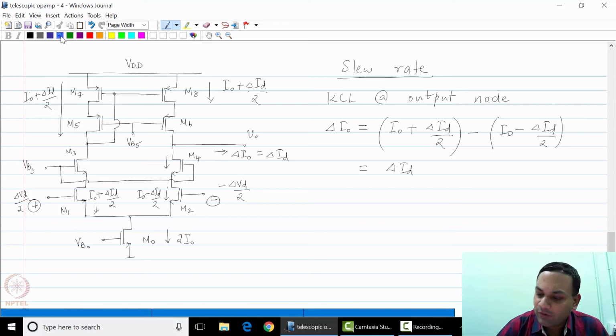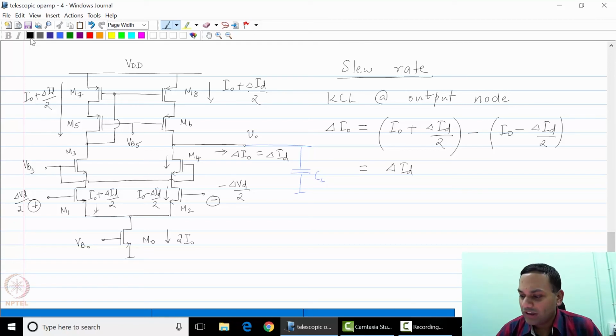Now where does this current flow? Of course the output will have a load capacitance CL, and therefore this delta ID current charges the load capacitance. So for the capacitance you write IC is C times dVC by dt.